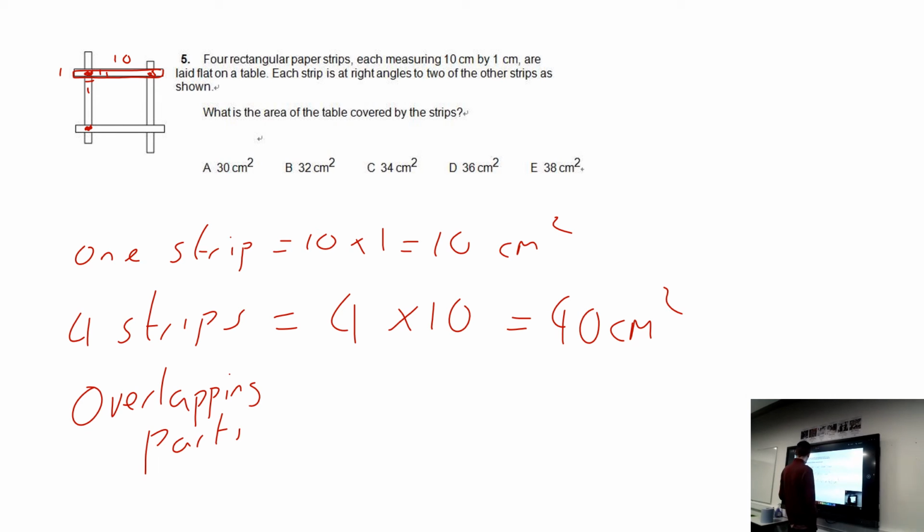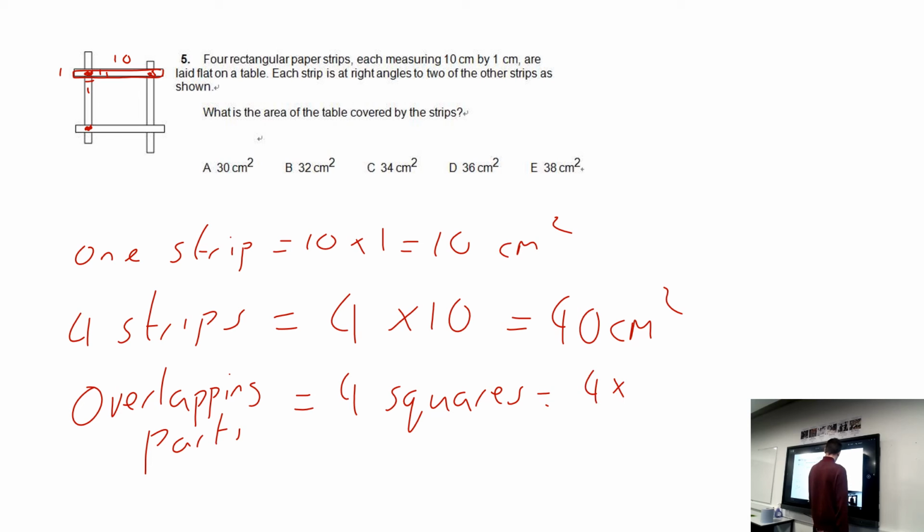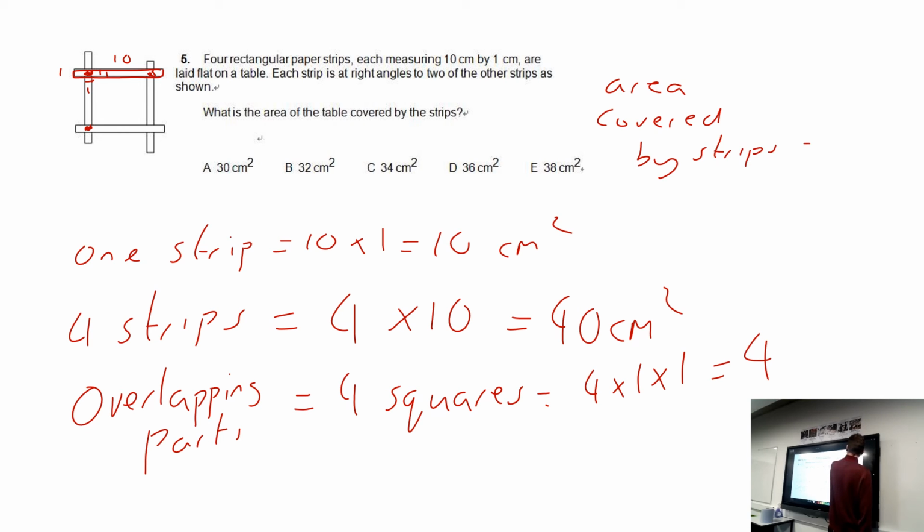So we have 4 squares, and the area of each square is 1 times 1, so that's equal to 4. So overall, the area covered by strips is equal to the 4 strips, which is 40, minus the overlapping parts, which is 4. So this is going to be 36 centimeters squared. So your answer is D.